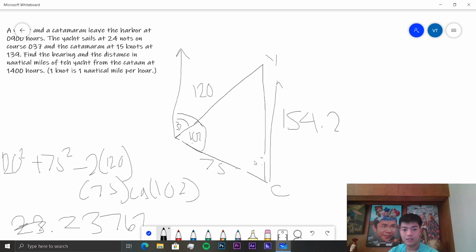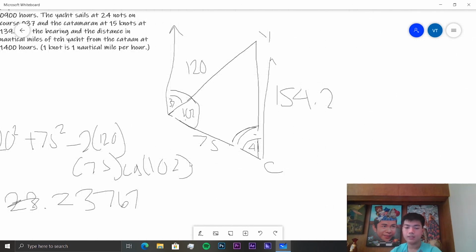If this is 37 and 102, that is 139 degrees total, then this angle here should be equal to 180 minus 139, which is 41 degrees. So we need to actually find this angle on the triangle to get the bearing.